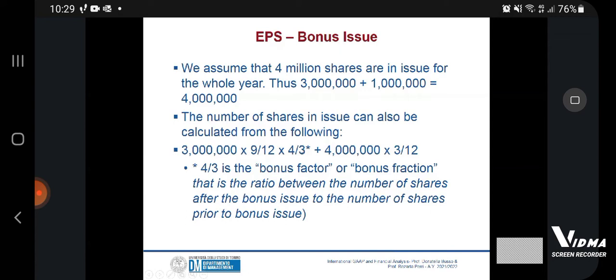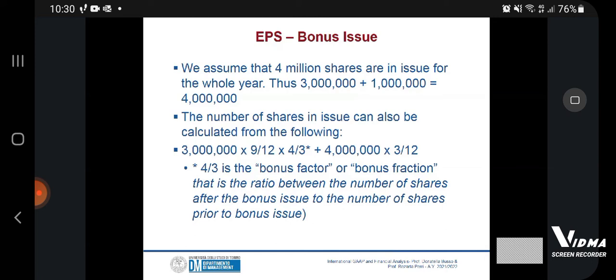The bonus fraction is the ratio between the number of shares after the bonus was issued to the number of shares before the bonus issue.